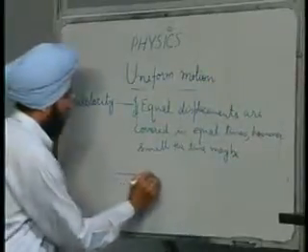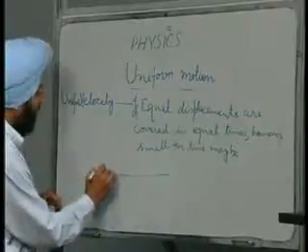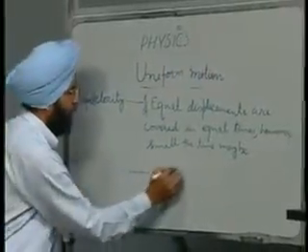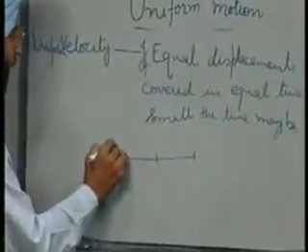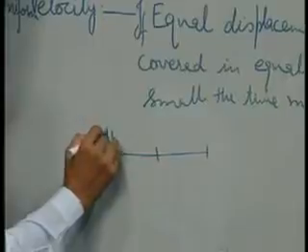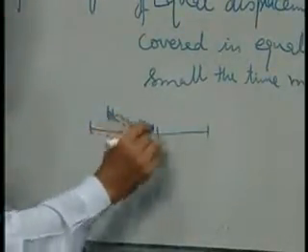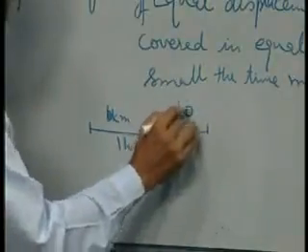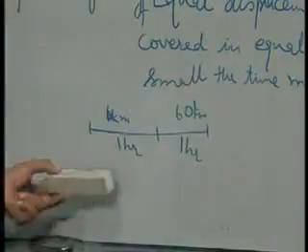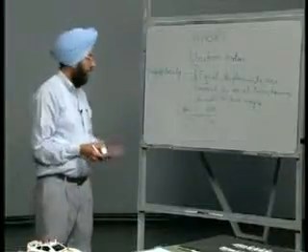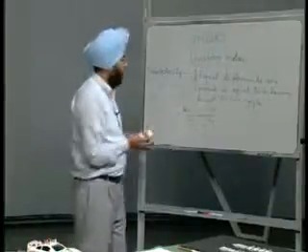Say we have an object travelling in a straight line, it is travelling 60 kilometer in 1 hour, 60 kilometer in the next hour. We may tend to call it uniform motion, but this is not uniform motion.